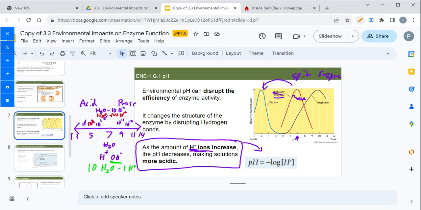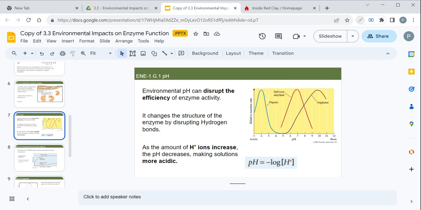Then it's 100 H2O for one H+. And you need an H+ and an OH- to make the water. So instead of H+ accumulating on this side, it's actually more OH-. All these OH- ions. So I'll redraw it so you can understand one more time.